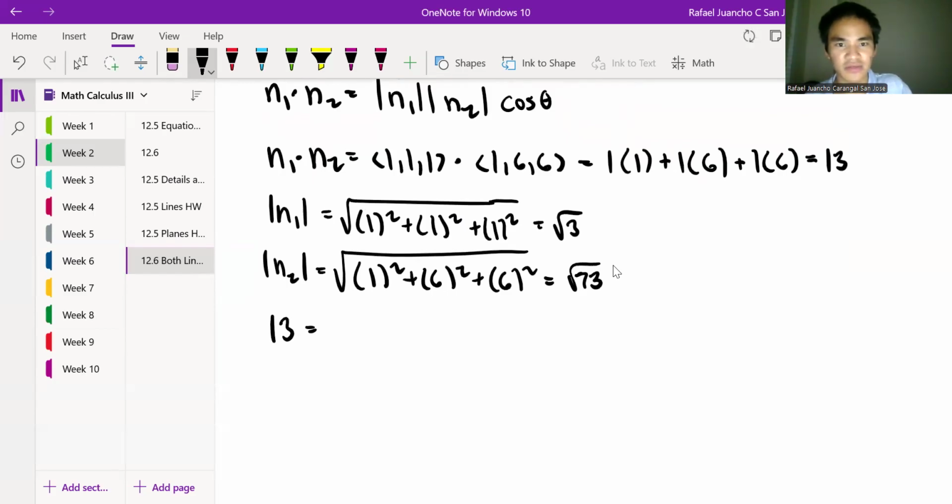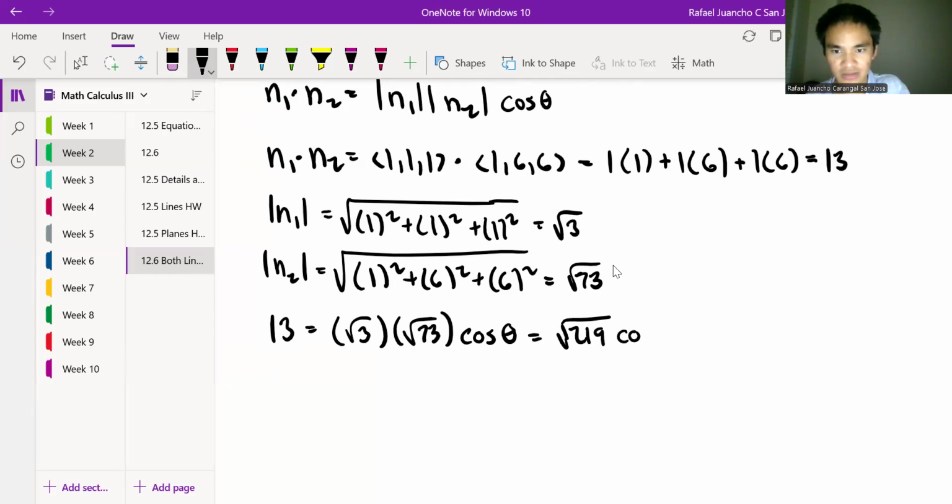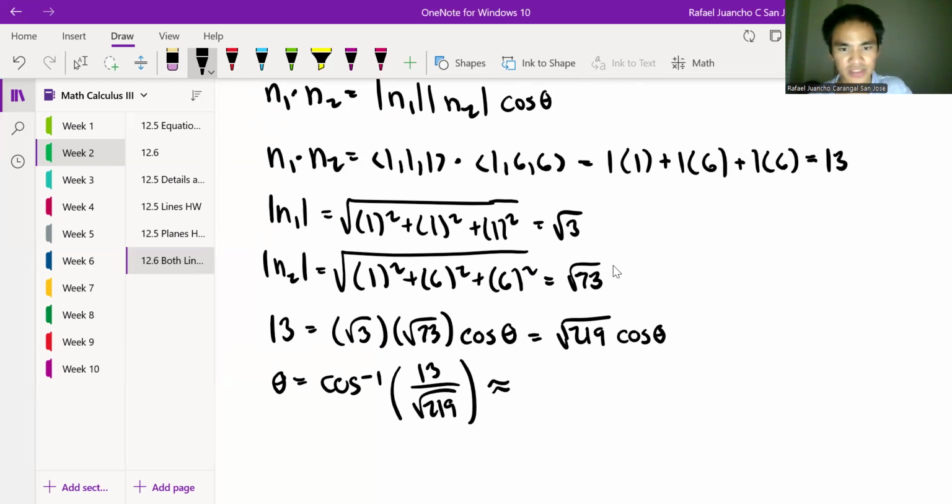So the dot product 13 equals square root of 3 times square root of 73 times cosine theta, which is square root of 219 cosine theta. And then we get theta is the inverse cosine of 13 over square root 219, approximately, to 1 decimal place.